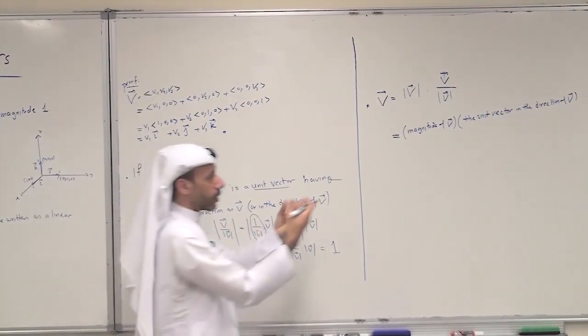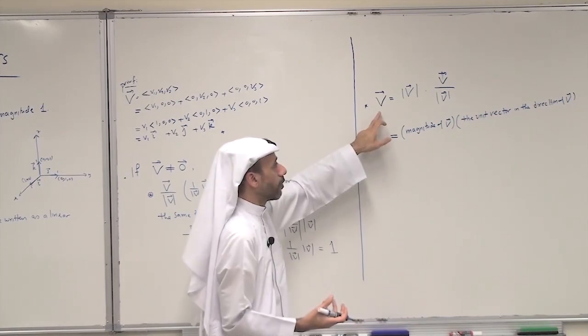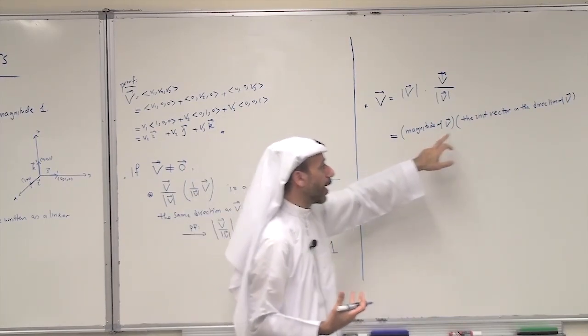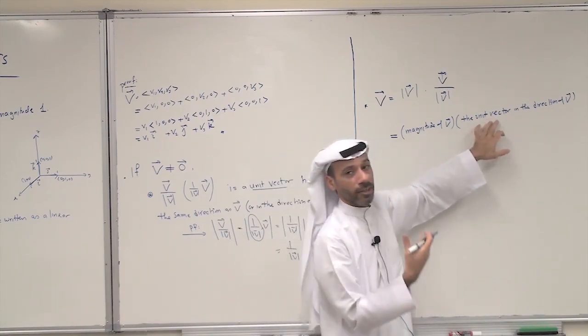So we can use this verbal description. In fact, any vector can be expressed as the product of its magnitude and the unit vector in the direction of v.